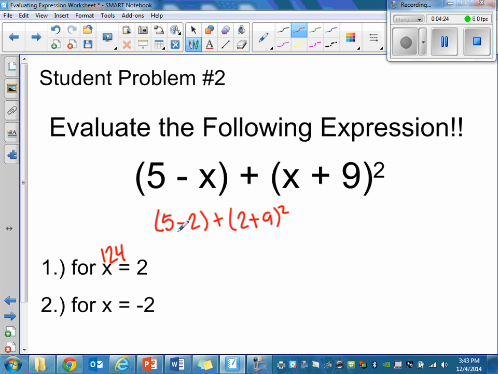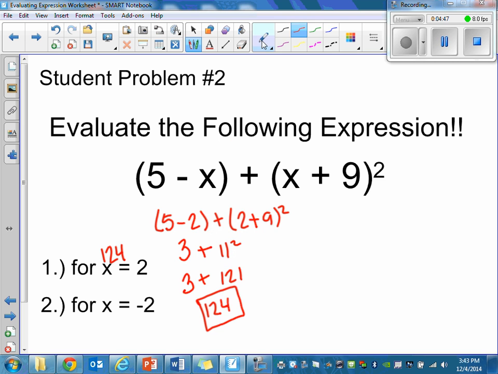So parentheses first. 5 minus 2 is 3, plus 2 plus 9 is 11, and that 11 is still squared. Exponents are next. 11 squared is 121, and 3 plus 121 is 124.